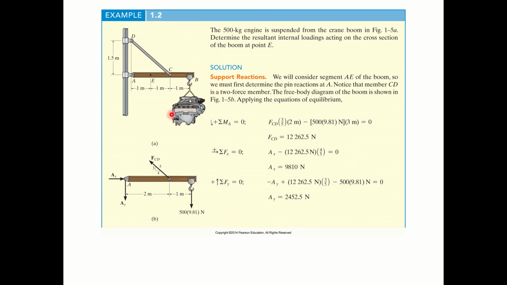Okay, first we could see in AB, A is the pin connection. Okay, so it has 2 unknowns, and at C is a cable, which we can assume is a cable connection, so it has only one unknown, FCD.